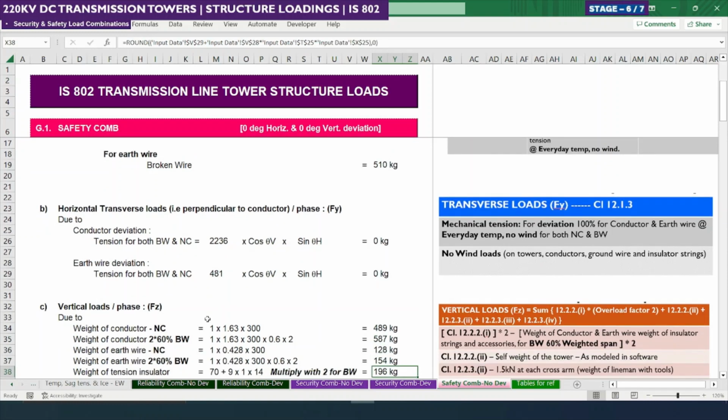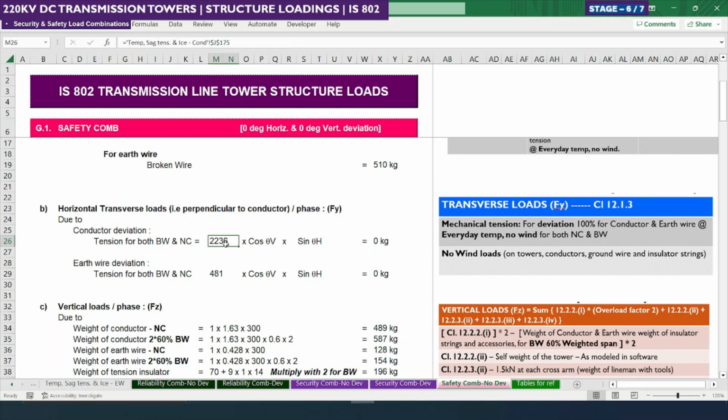Next, coming to transverse loads, the transverse load is common for all types of tower, for example suspension, tension and dead end towers. Here the mechanical tension we need to consider for deviation cases is 100% of conductor and earth wire at everyday temperature and no wind, for both the normal case and the broken wire condition.